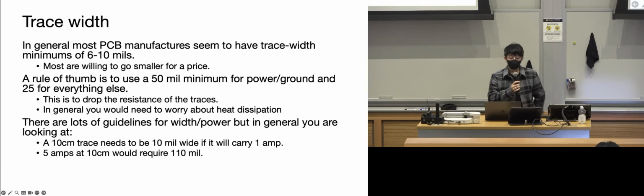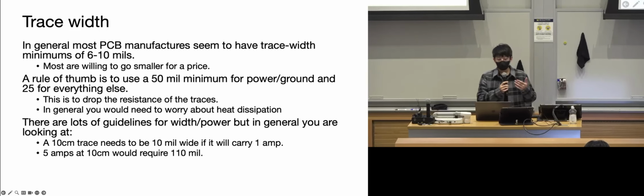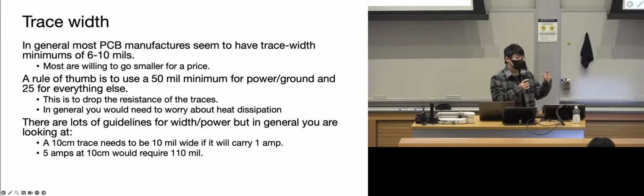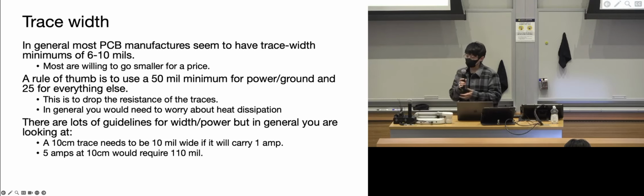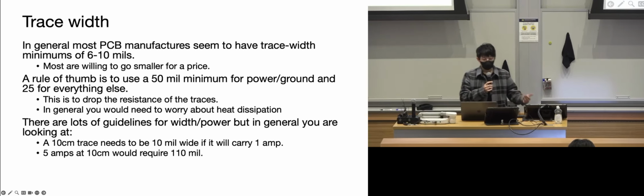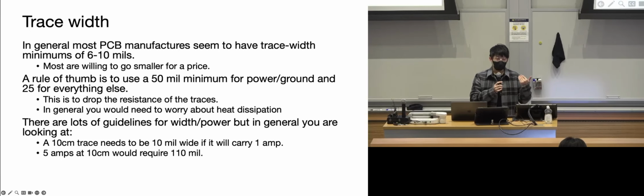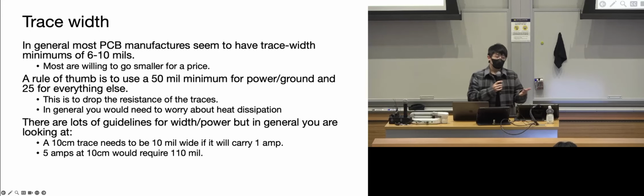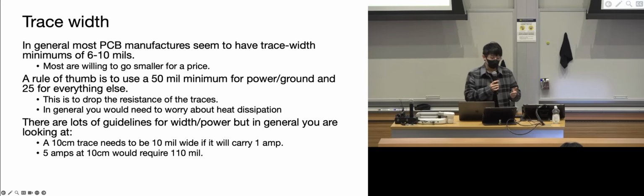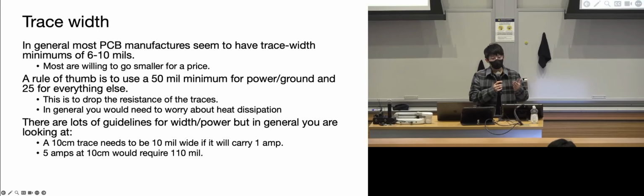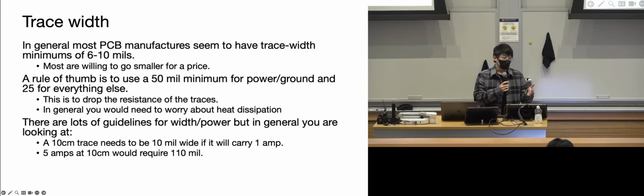This is usually to make sure there's not too much resistance in the traces, and the signals will go up and down as you require. Remember one of the questions from our exam: if the signal is not going up as fast as you want, chances are there's too much resistance or too much impedance, depending on whether it's AC or DC, in your circuit.